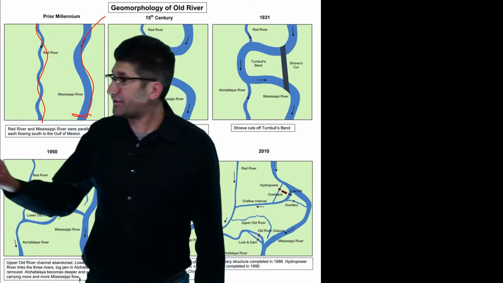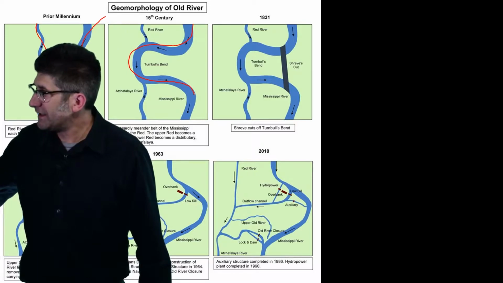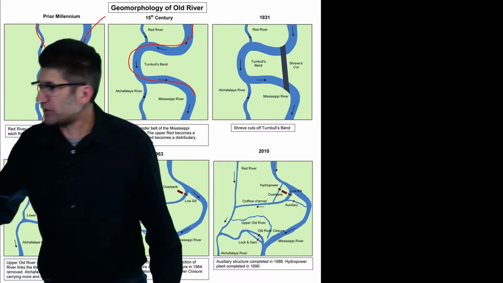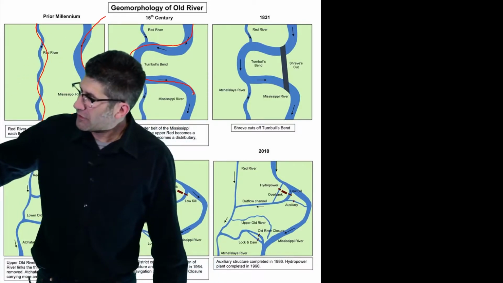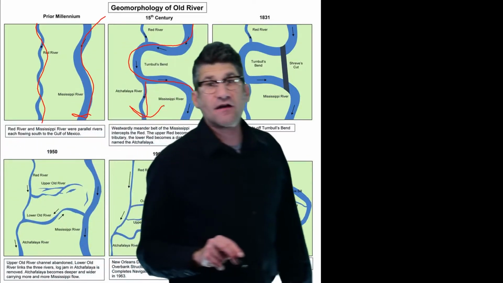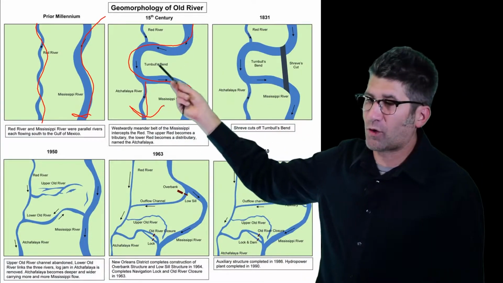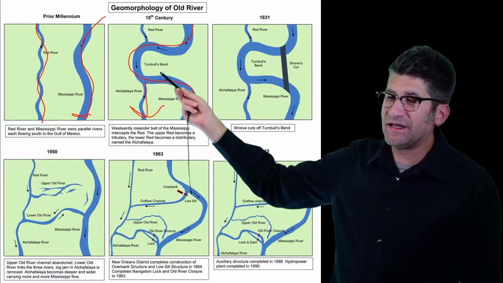In the 15th century, the Mississippi River migrated into the Red River. And as it did so, the lower half of the Red River now becomes a distributary of the Mississippi River system, right? And so now what's happening is water from the main flow of the Mississippi is getting dumped down the Atchafalaya River.